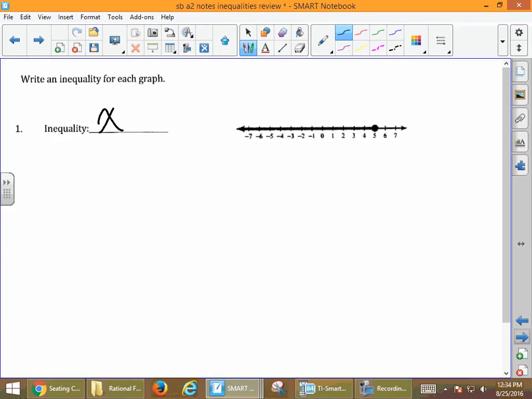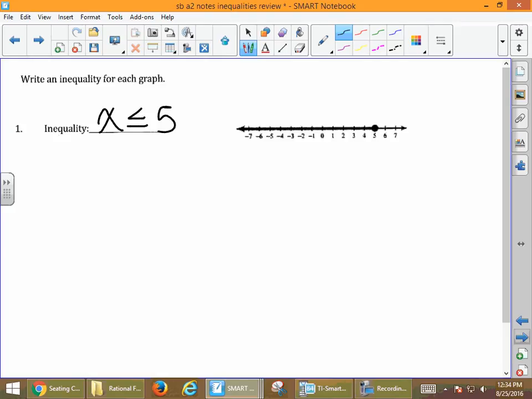And as we look at this, we see a solid dot on 5, which means that we have an equal to in the problem. And our arrow is going towards the left, which means that we've got less than or equal to. Equal to, once again, because the dot on our graph at 5 is a solid dot.